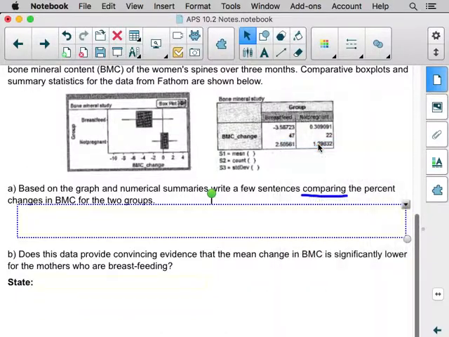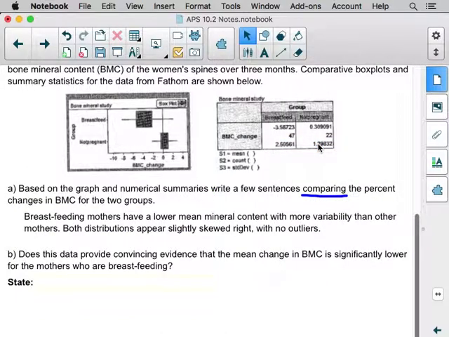All right, so here, breastfeeding mothers have a lower mean mineral content with more variability than other mothers. Both distributions appear slightly skewed right without outliers. So again, just talk about SOCS. Compare the elements of SOCS. And again, remember, when you're making comparisons, you don't need to give numerical values. You can just make the comparison. You can just say which one is greater, which one is smaller.